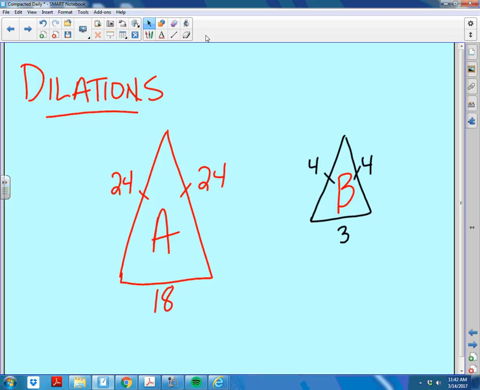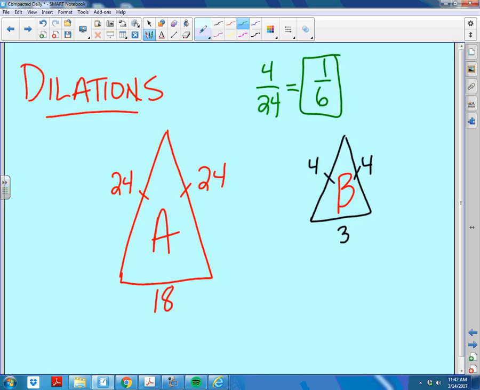The easiest way to identify the scale factor is to take the end number divided by the beginning number. You take the end number, the product, divided by the initial number. So basically what you would end up with is 4 over 24, which is 4 divided by 24. And 4 divided by 24 simplifies to what? It simplifies to 1/6.